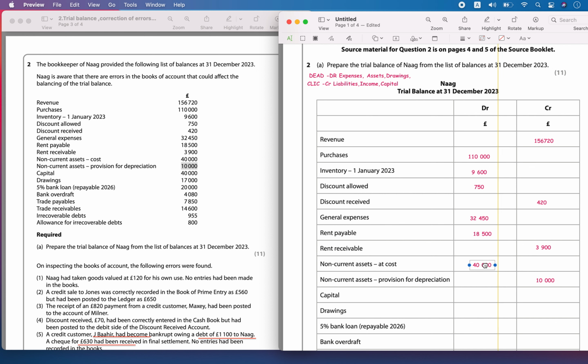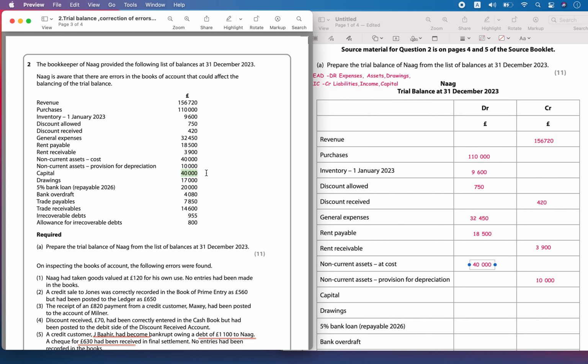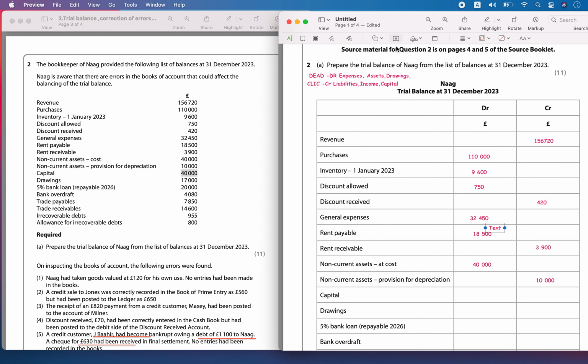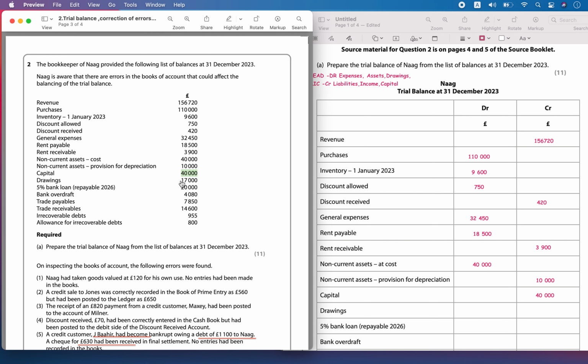So non-current assets at cost is a debit balance, and non-current assets provision for depreciation will be a credit balance. Asset is a debit balance. Then we have the capital. Capital is a credit balance, so let's put that. Then you have drawings.